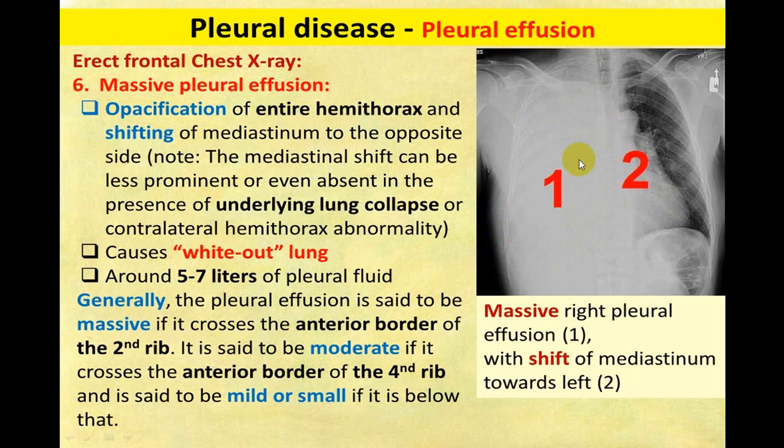So this has to be massive pleural effusion. By that shift, you can find that there is something creating a positive pressure on the right side, shifting the entire mediastinum to the opposite side. So this is a typical X-ray which shows massive pleural effusion, obliteration of the costophrenic angle. The right diaphragm you cannot identify, so there is a Silhouette with the right diaphragm, right cardiac border, superior vena cava, right paratracheal strips, and complete chest wall. So this is a massive right-sided pleural effusion.